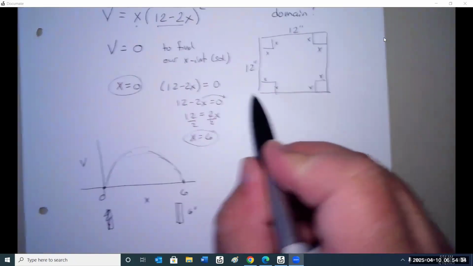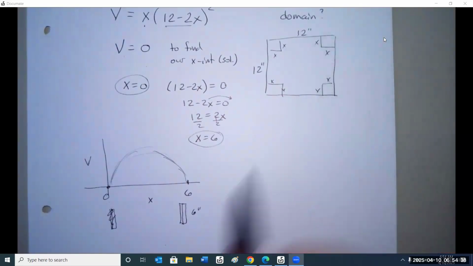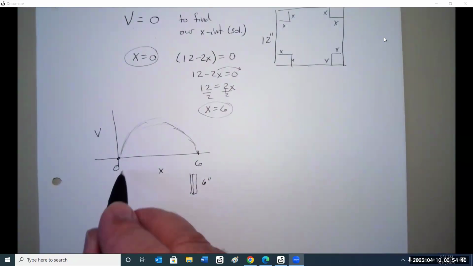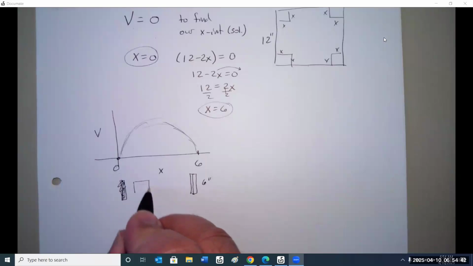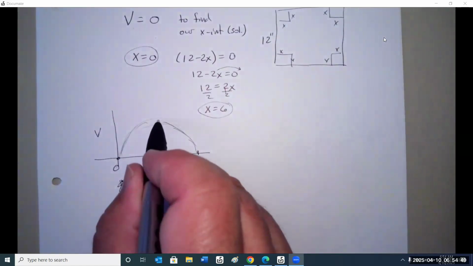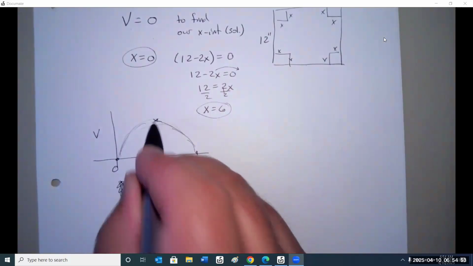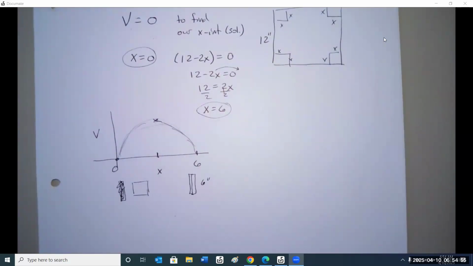If you cut this to be 6 inches, cut this one to be 6 inches, you're just going to fold it in the middle. If it's 0, you're just going to have that sheet. There's no area there. So we're looking for something somewhere in the middle, because we're looking for the highest volume possible.